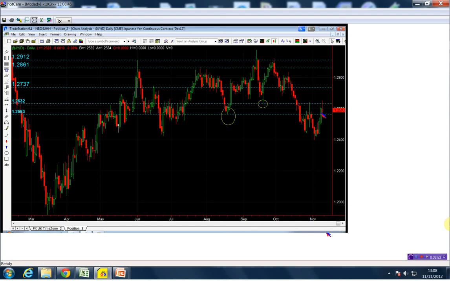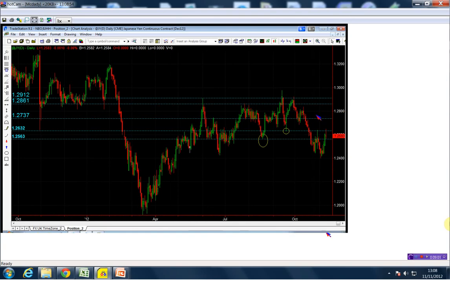The overriding trend that we have in the Japanese yen so far, the interim trend, is basically a short, because coming below that structural point is the beginning of a bear market in the yen, and we're looking for a decline.